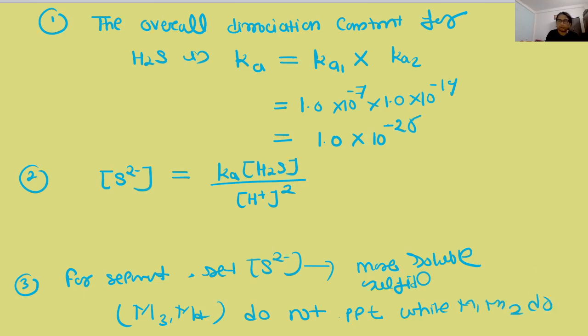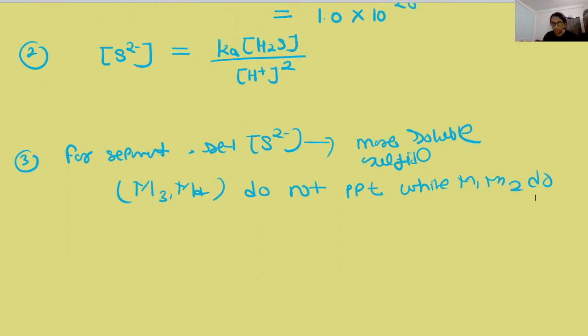According to the solubility rules, when the Ksp value is high the sulfide does not precipitate, and low Ksp values give the precipitate.